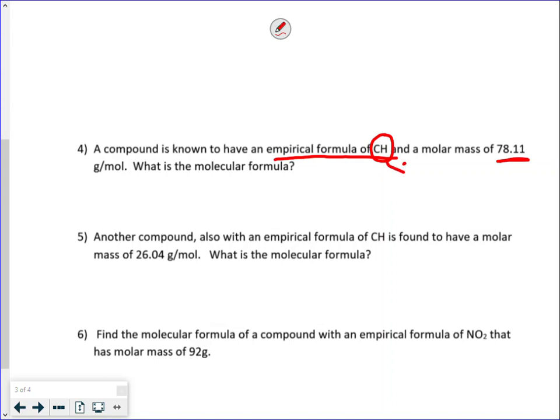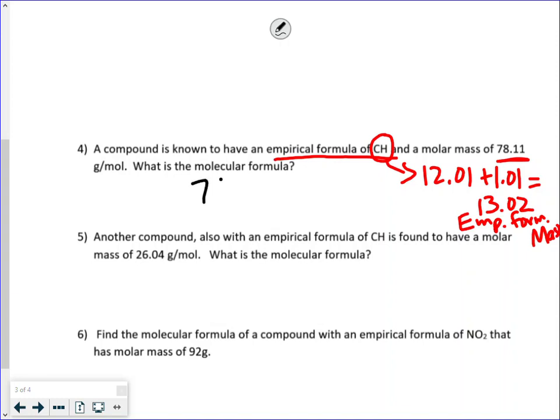All I have to do is find my empirical formula's mass, which is easy. That's 12.01 for carbon, 1.01 for hydrogen, so that's 13.02. That's my empirical formula's mass. Now all I have to do is take my molecular formula's mass, 78.11, divide by 13.02, and I get my multiplying factor.